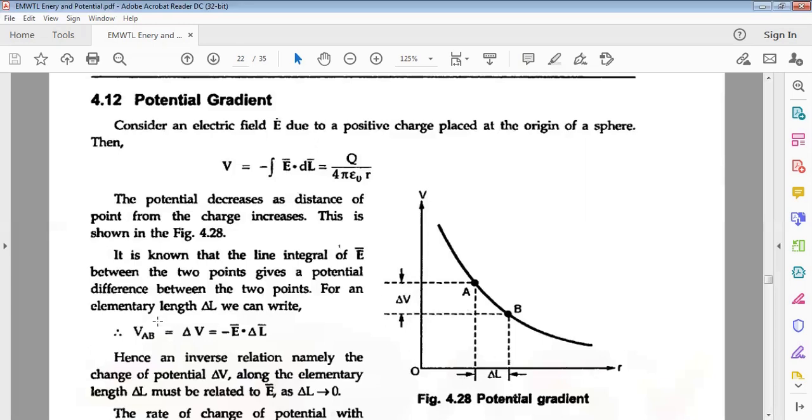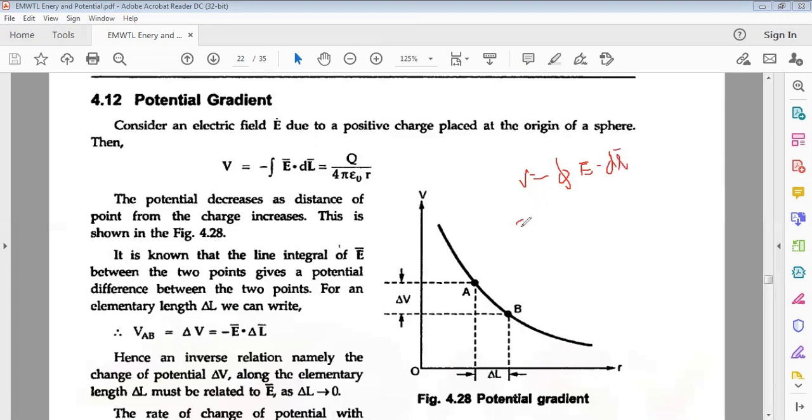So V AB is the incremental potential delta V, equal to minus E bar dot dl bar. Otherwise, V is equal to integral E bar dot dl bar.